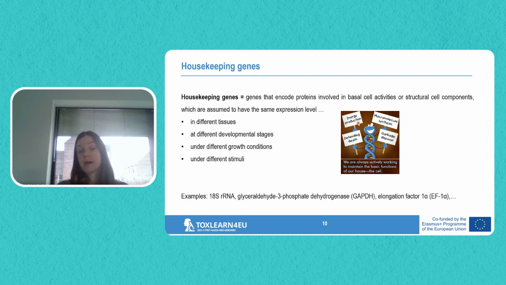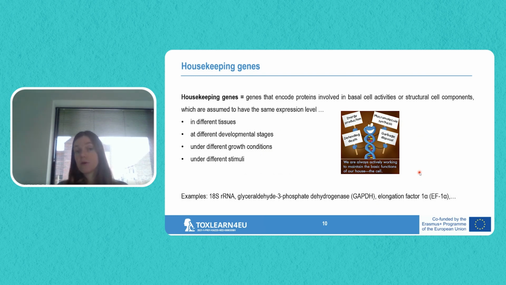So these could, for example, be genes that are involved in energy production, and defense against cell death, and the biosynthesis of macromolecules such as DNA or proteins, and disposal of waste. So these are all very important, crucial functions for cells.